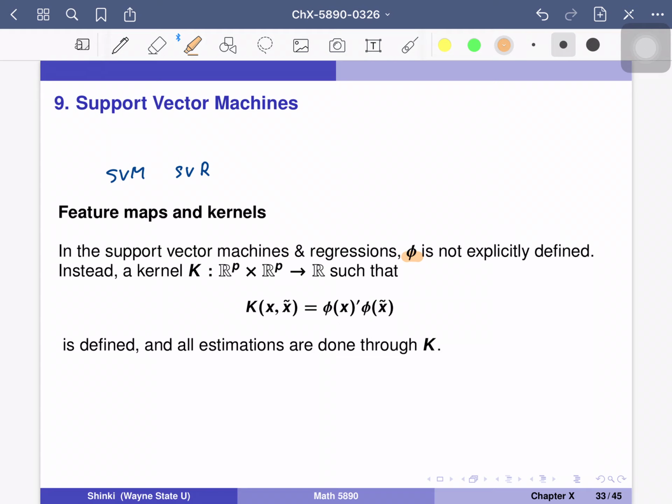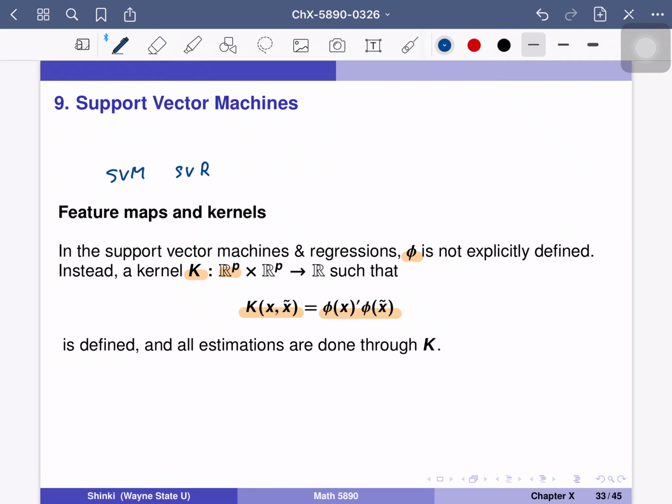Instead, we define this k. K is basically an inner product in this space. And k of x, x tilde is defined as the inner product of phi of x and phi of x tilde. And actually, all algorithms work only with k. So we don't have to explicitly think about phi of x.